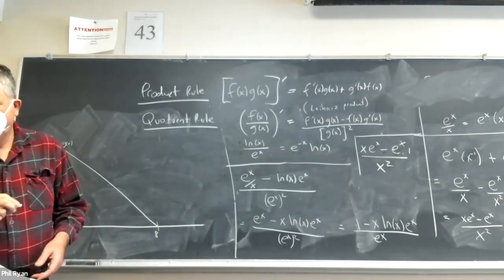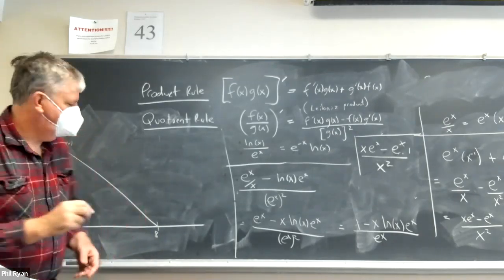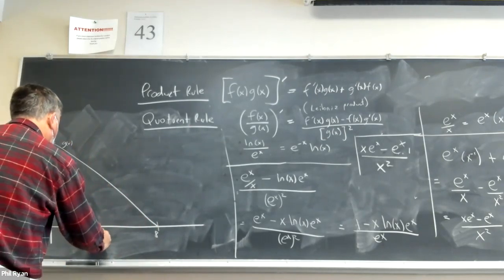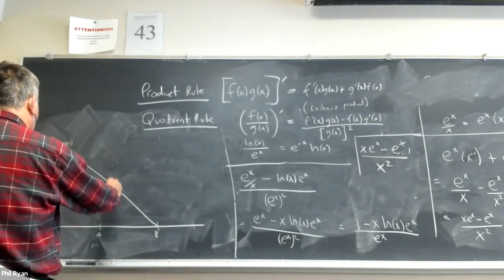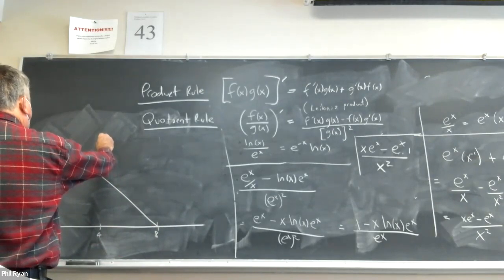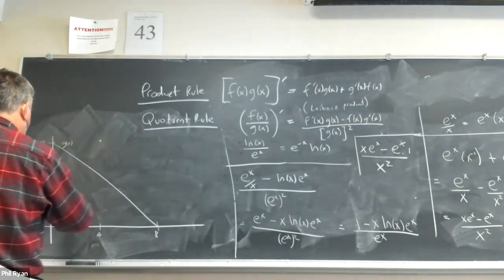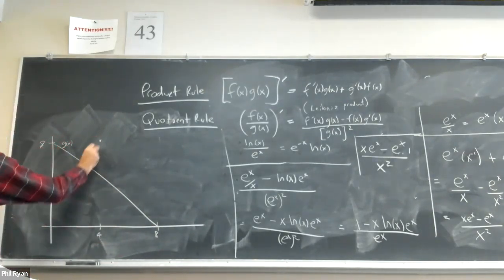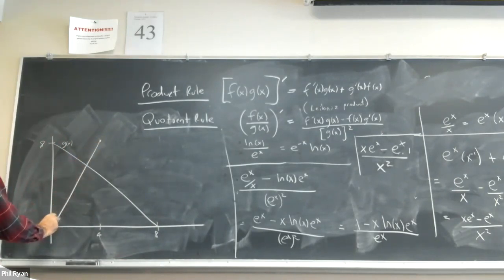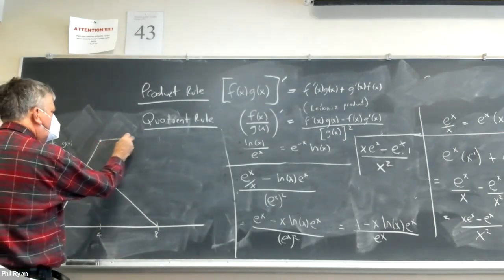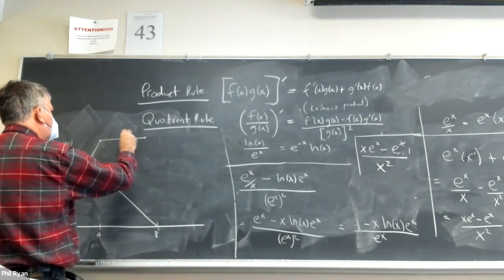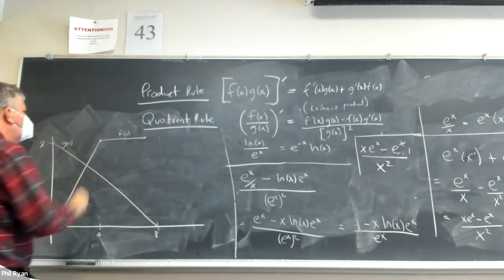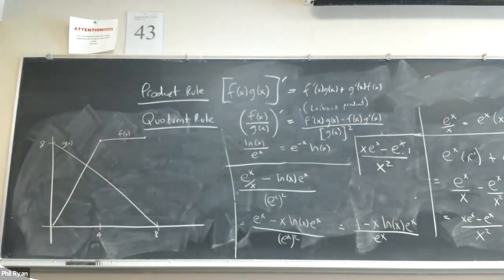And f of x, this is 4. This is f of x. Okay.